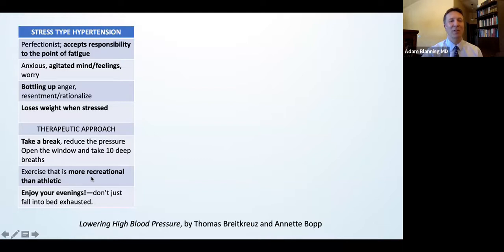Encouraging people with this stress type hypertension to do exercise that is more recreational than athletic or performance oriented, because it is possible to be doing exercise which is also very stressful. You can run, and if you're continuously worrying about your time, you're still in this over accentuation of the nerve sense system. And then finally, enjoy your evenings. Don't work until the point of exhaustion and then just fall into bed.